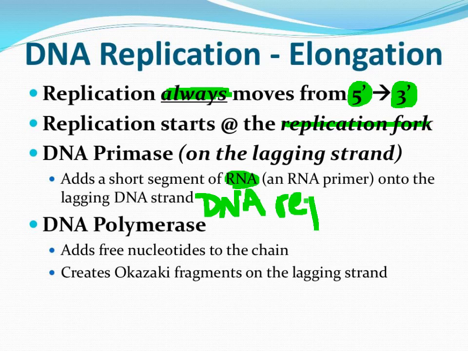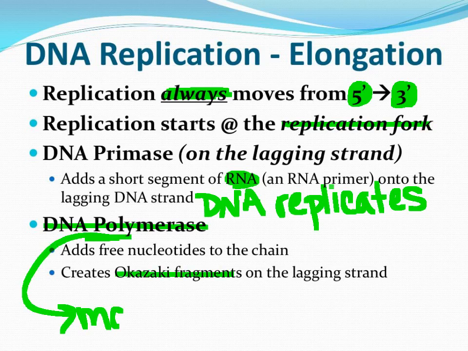The DNA polymerase is what adds free nucleotides to the chain. And this is also what creates those Okazaki fragments. Now, polymerase, you can think about it poly, if you remember, means many. So think about it as polymerase is the time when these many nucleotides are added. So if there's a T, it's going to add an A. If there's a G, it's going to add a C, and vice versa.